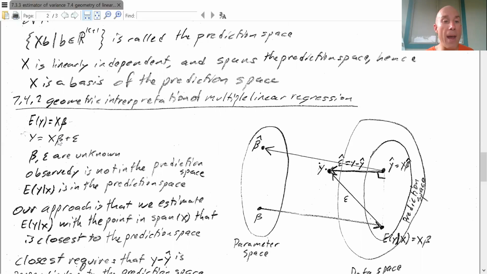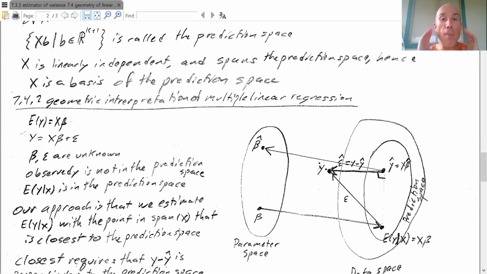Now, I don't know what beta is, and I don't know what epsilon is. We're going to assume that we observed x times beta plus epsilon. We observed y. The observed y is not in the prediction space, and the expected value of y given x is in the prediction space. So our approach is that we will estimate the expected value of y given x with a point in the span of x that is closest to the observed y.